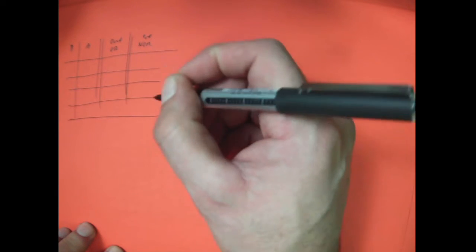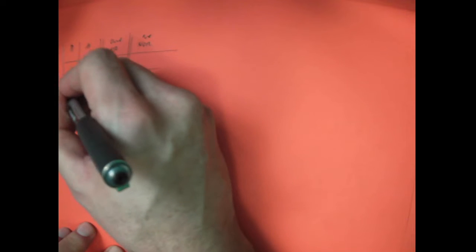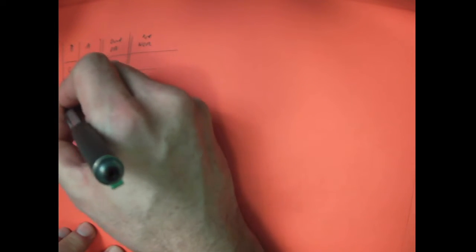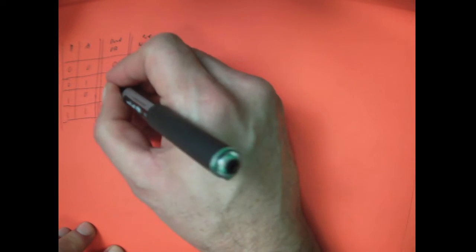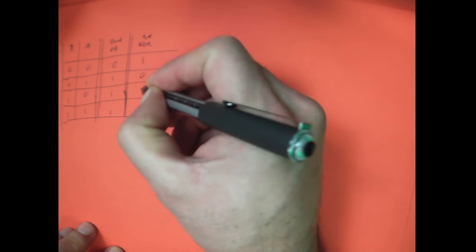So in this case, we have 0, 1, 0, 1. We have 0, 0, 1, 1. And the OR is this. You remember? And then we have the NOR, which is 1, 0, 0, 0.